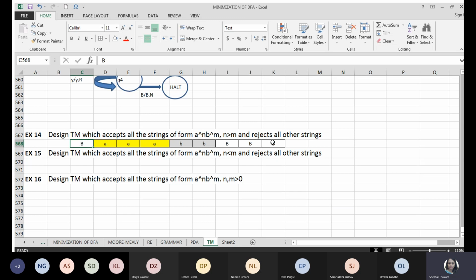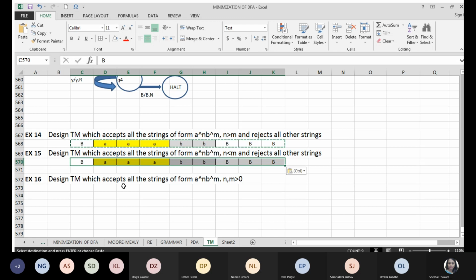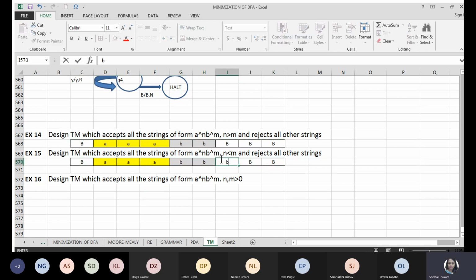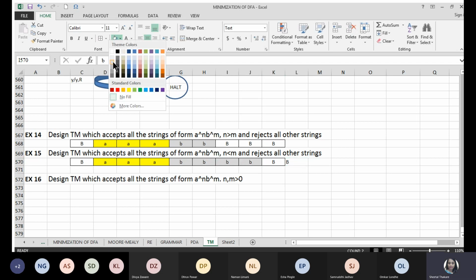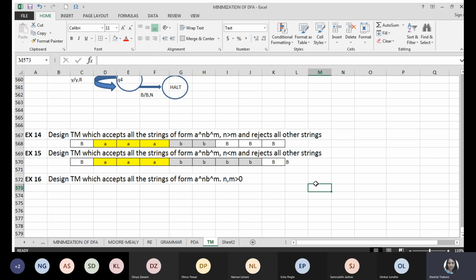And if B's are more, then this will be 3 A's, 4 B's, 3 A's, 2 B's.